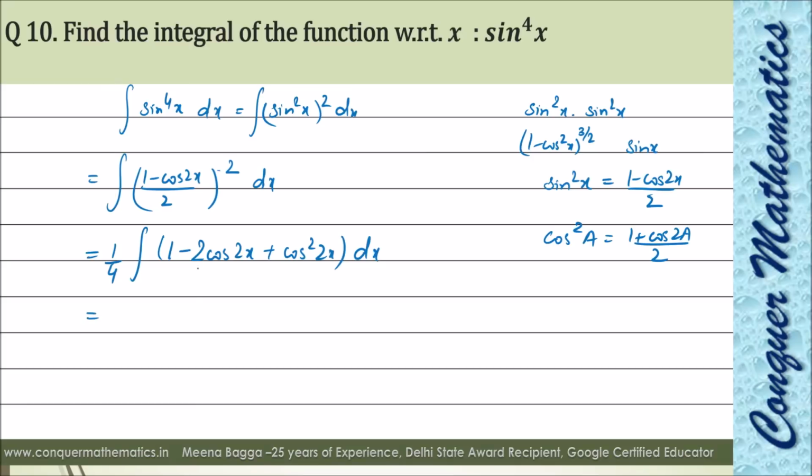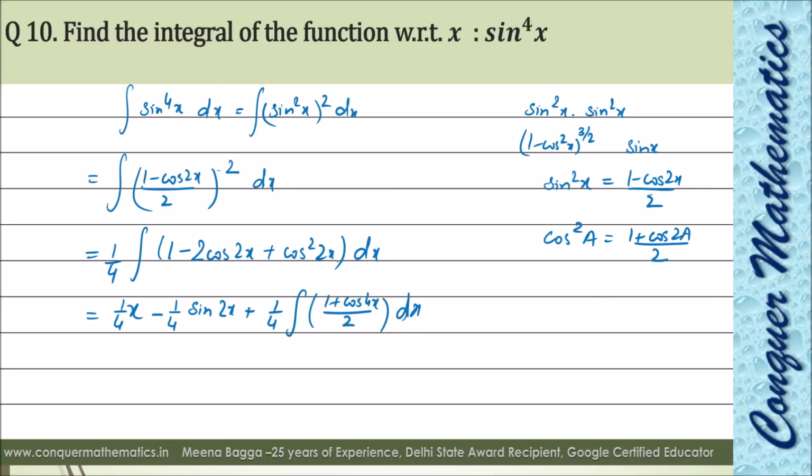Let us just integrate first the 1 by 4. This will be x, minus 2 by 4 means 1 by 2, but cos 2x, integral of cos 2x is sine 2x by 2. So this will be again 4, this will be sine 2x, plus 1 by 4 again integral of 1 plus cos 4x by 2.